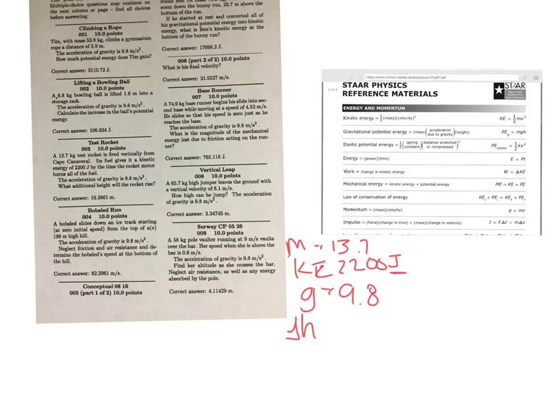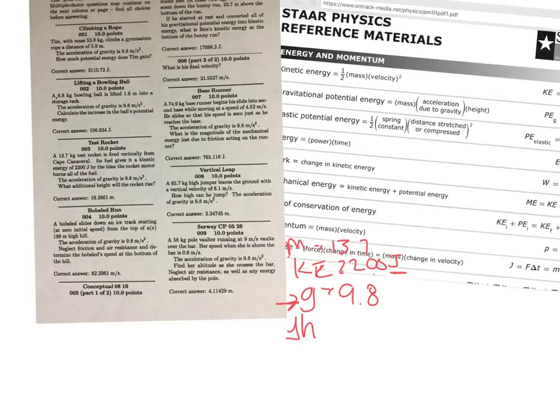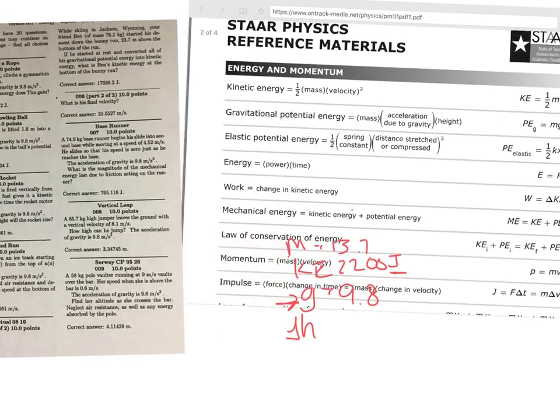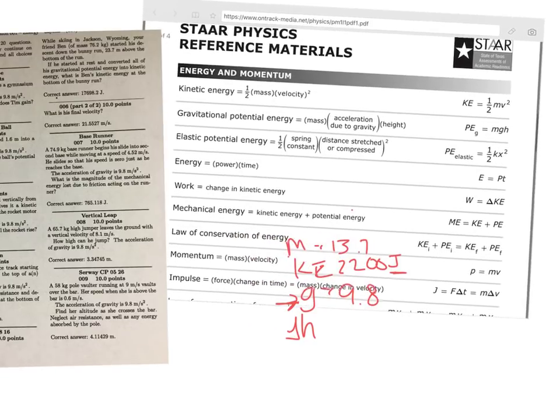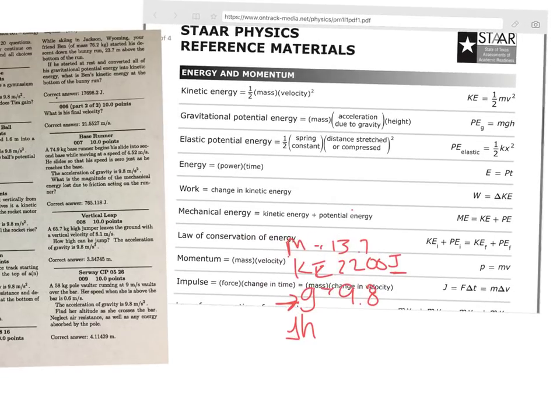So this one, all right. What equation do we have that has acceleration due to gravity, kinetic energy, and mass? Well, if we look at the equation sheet here, really nothing, right? We don't have anything on there that matches that. But check this out. We have the law of conservation of energy, where the kinetic energy initial and the potential energy initial has to equal the energy after.